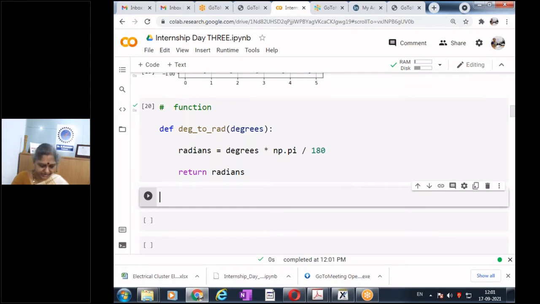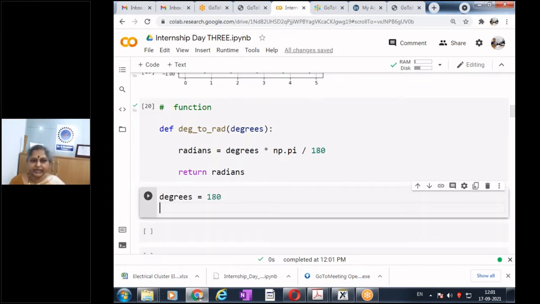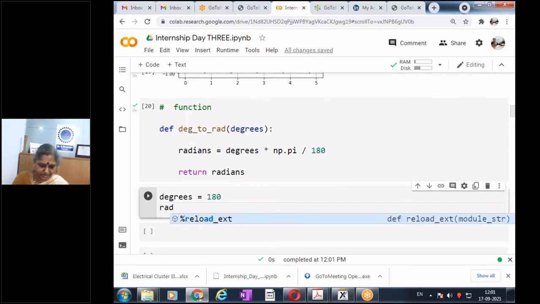Let us say I have 180 degrees. My degrees is 180, and then I want to convert it to radians. And what is my radians?